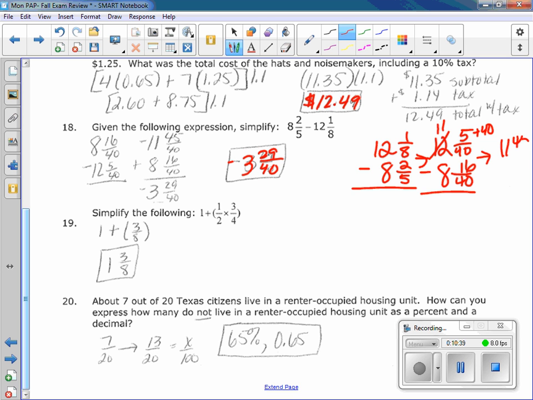So that's where your 11 and 45 over 40 came from, and 8 and 16 over 40. So when you subtract those two, you're going to get 3 and 29 over 40. But remember that you did start out with more negatives than positives, so your answer should be negative. So again, you're just taking what you already know about fraction operations and applying those integer rules.